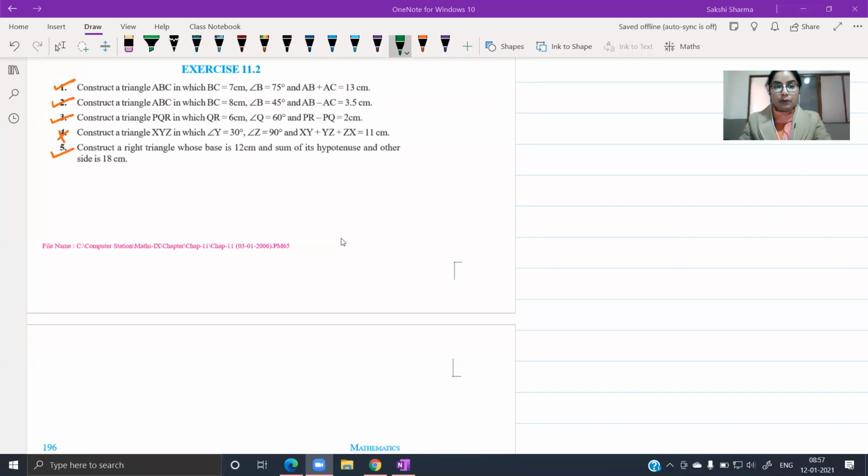So question number 2 and question number 3, if you just take a look. In question number 2, you have to construct a triangle ABC in which BC is 8 centimeters. So you're given the base of the triangle. Along with that, you're given angle B. Angle B is equal to 45 degrees. So this is the base angle.